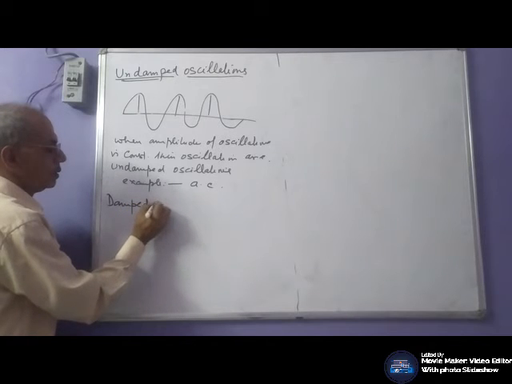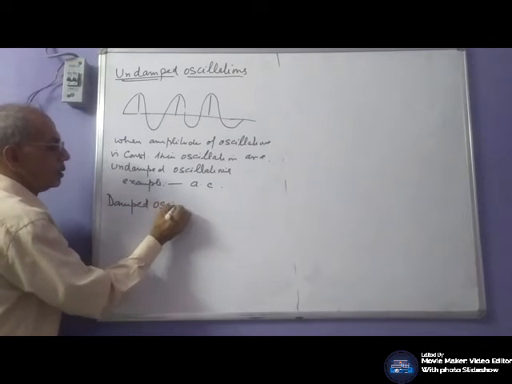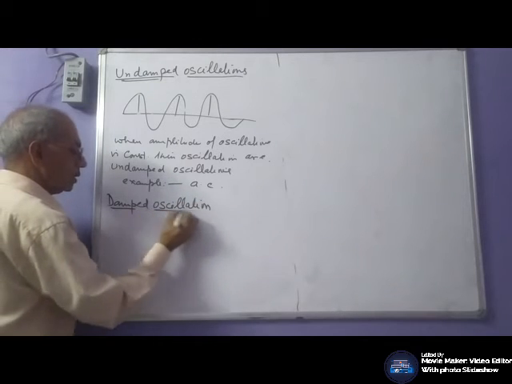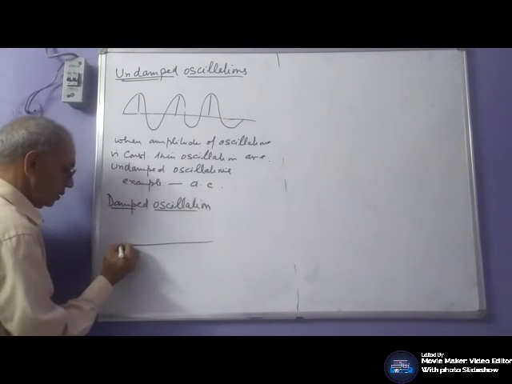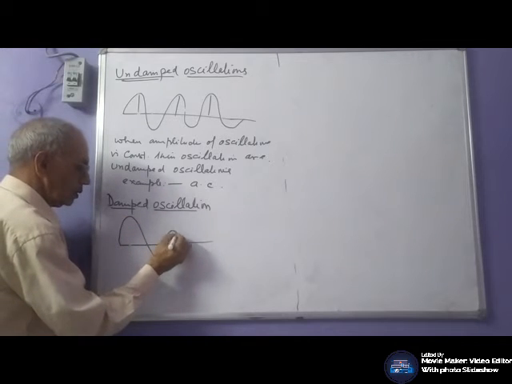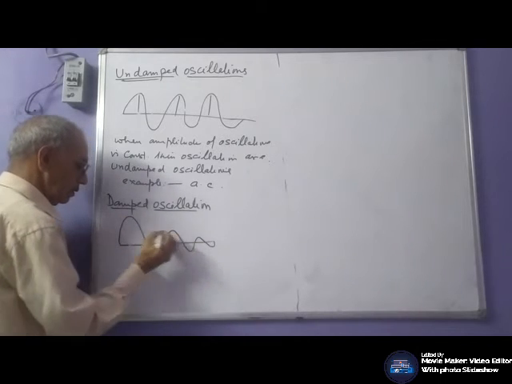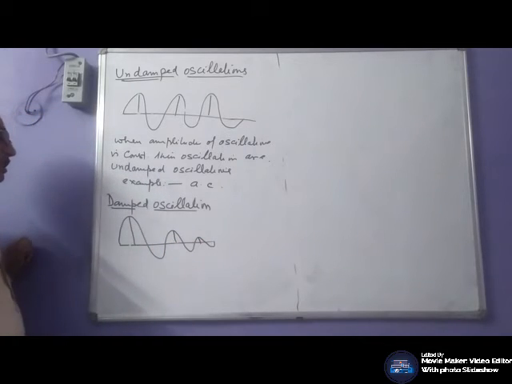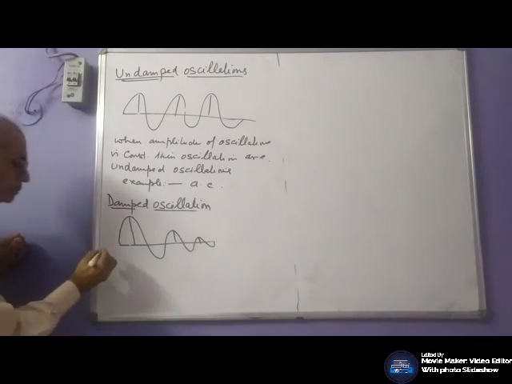Damped oscillations. This was the amplitude, then it goes on decreasing. These are damped oscillations.